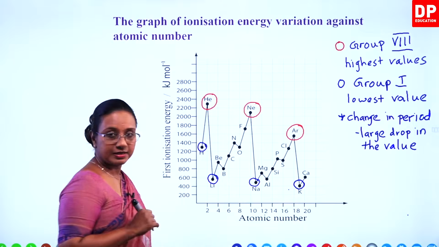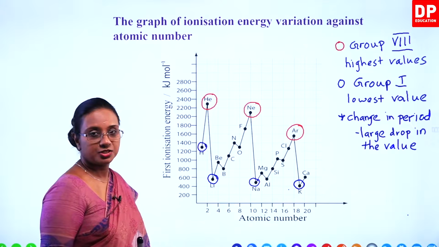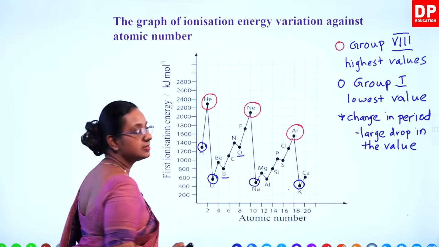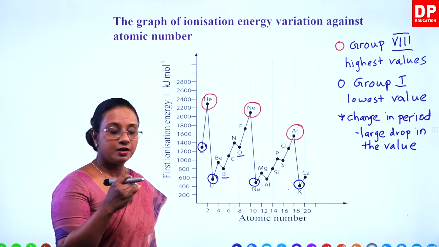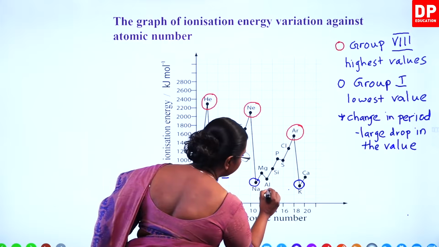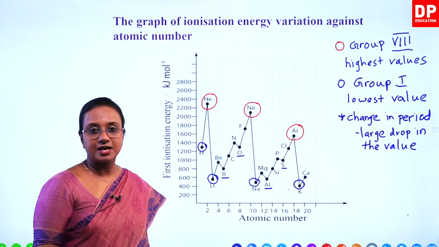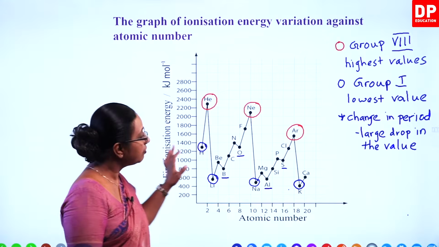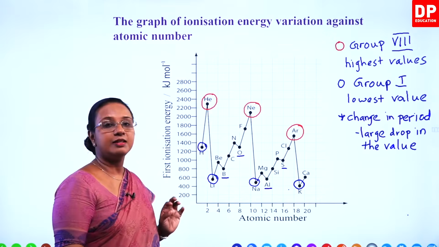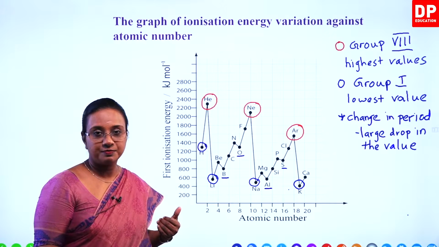And the last pattern, you can see this zigzag change. If you remember, group 3 and group 6 have a drop. All the others increase. Similarly, group 3 and group 6 show a drop in the first ionization energy. If you remember all these, you can easily identify the elements of the first ionization energy graph.